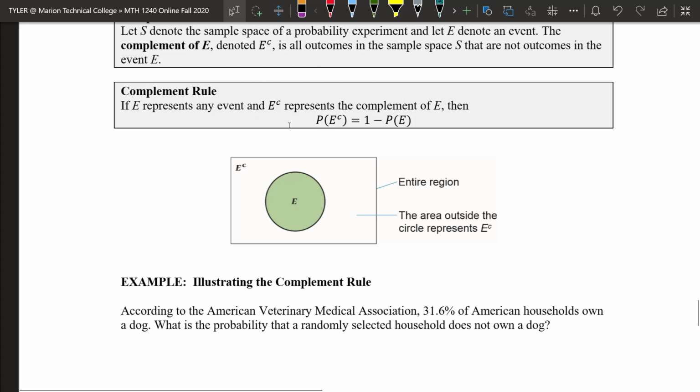They have a sum of 1. In other words, if I take the probability of E plus the probability of E complement, that gives me 1.